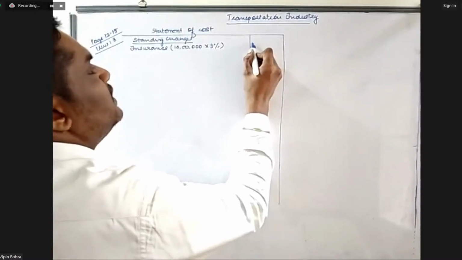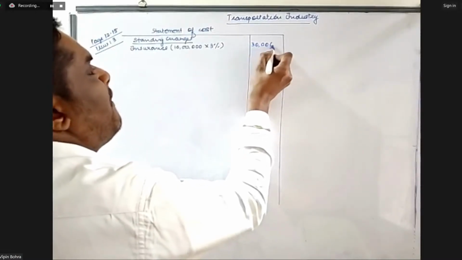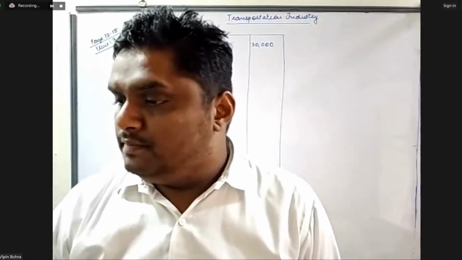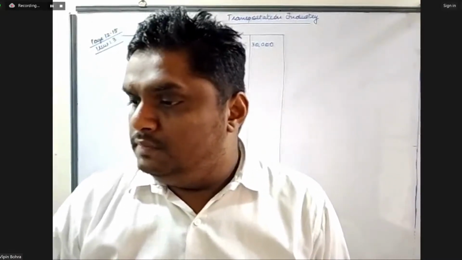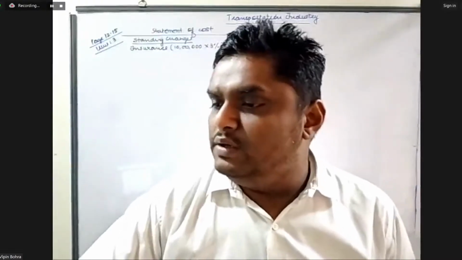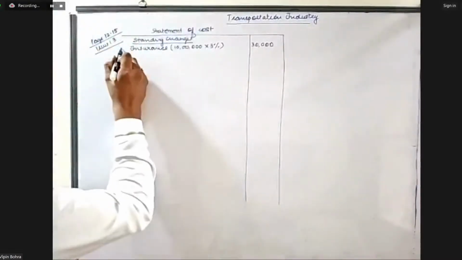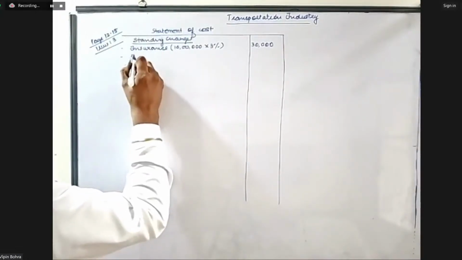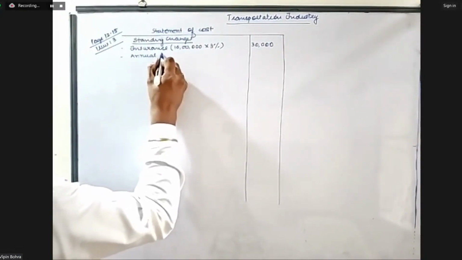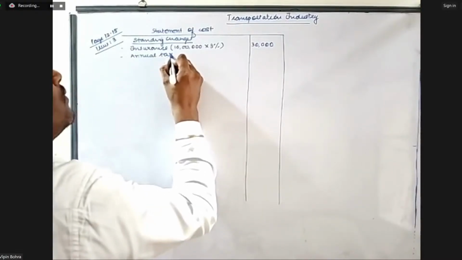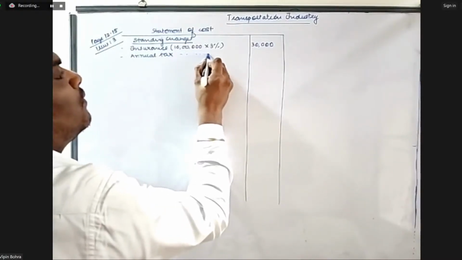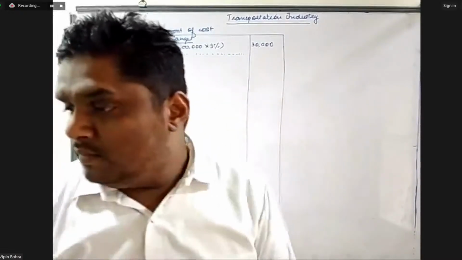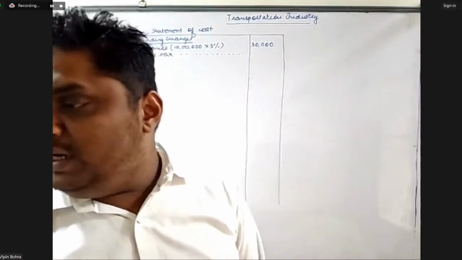So this will be 30,000. The annual tax amounts to rupees 20,000. So the annual tax is 20,000.